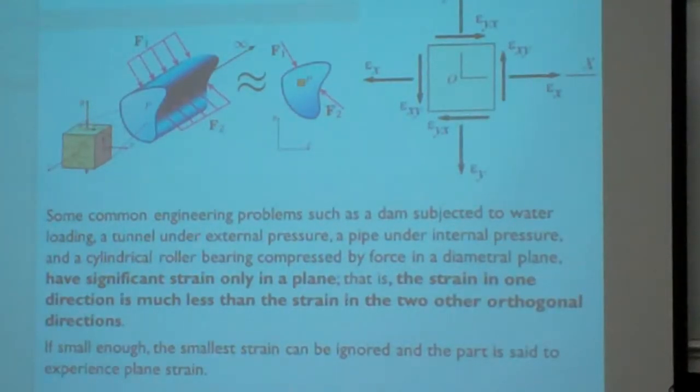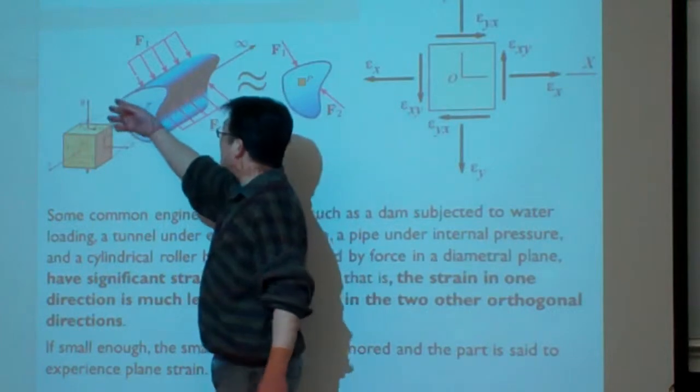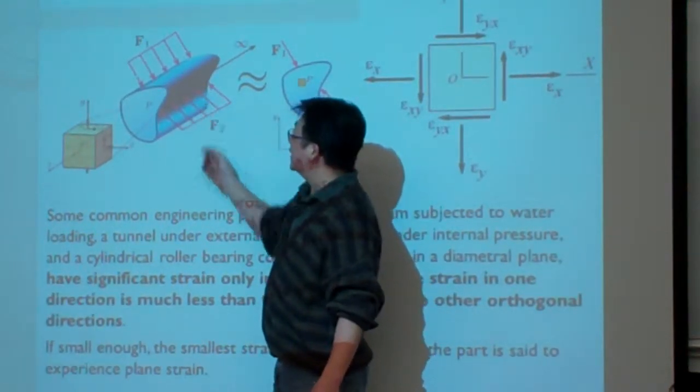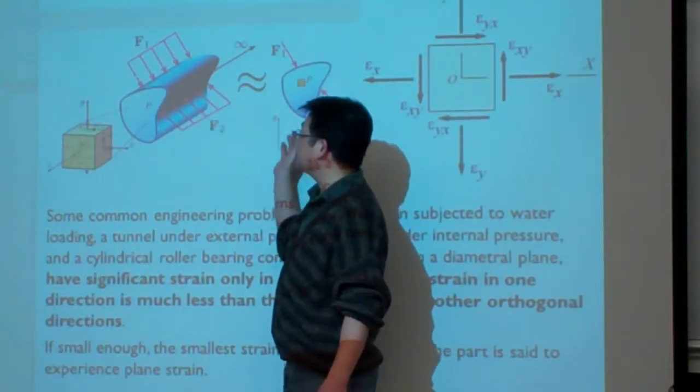Okay. Plane strain applied to practical problems is like I'm showing here. If you consider this, for example, as the water dam, the structure for a water dam, and one side is the pressure from the water.